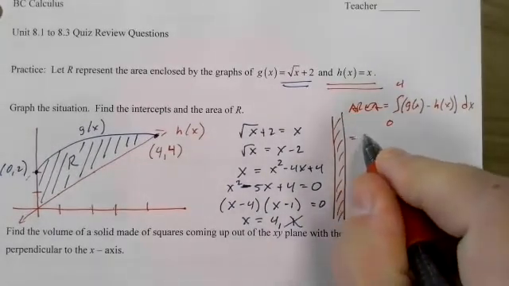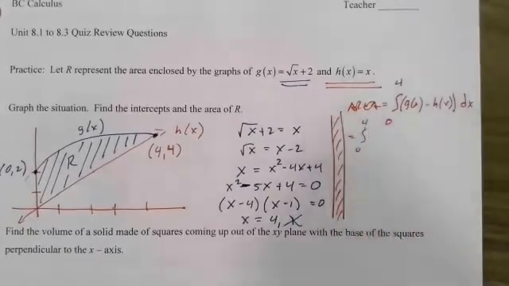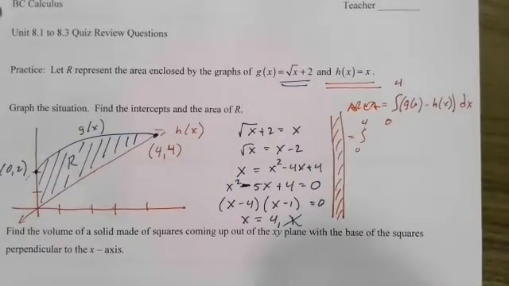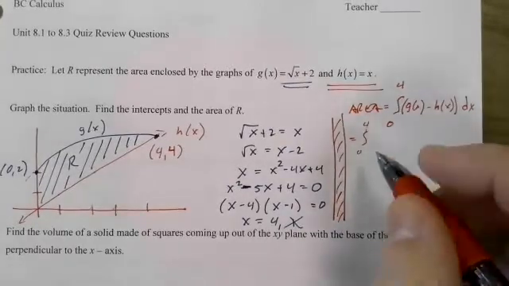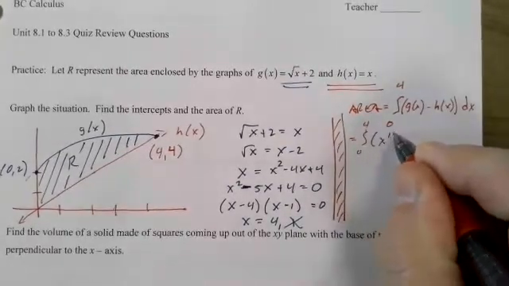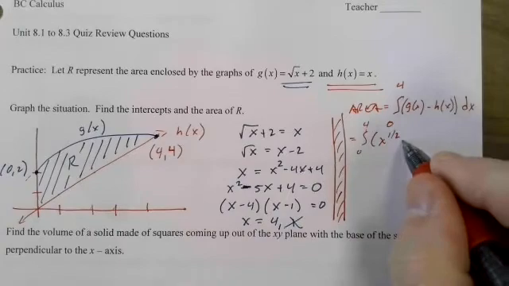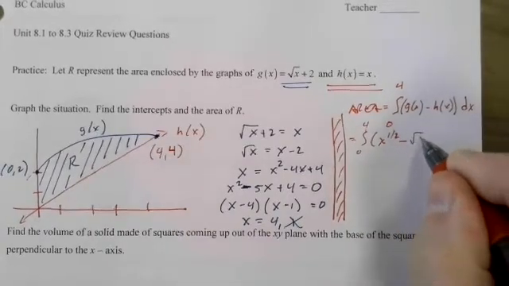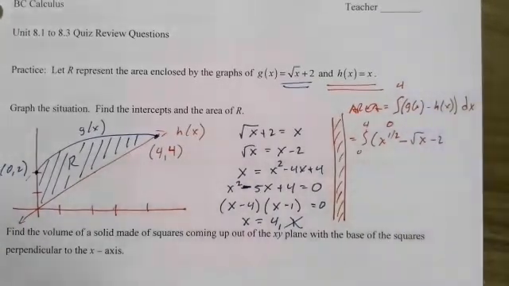So we get the integral from 0 to 4. My handwriting is probably going to get really small now. I'm going to write my radical x as x to the 1/2, so it makes it easier to integrate. Minus root x minus 2. I'm going to distribute that negative.